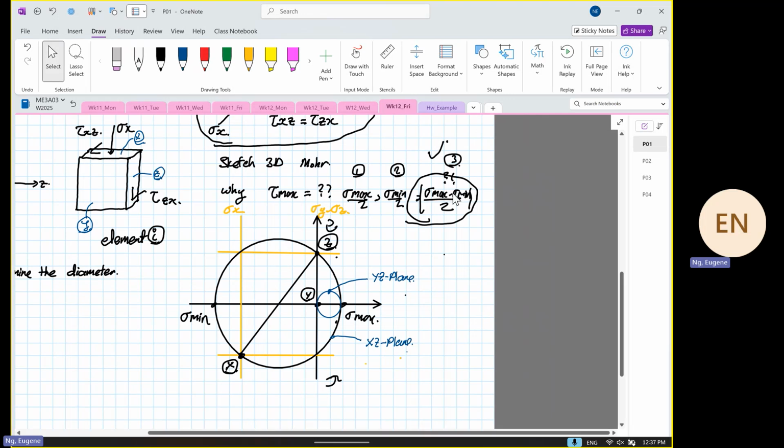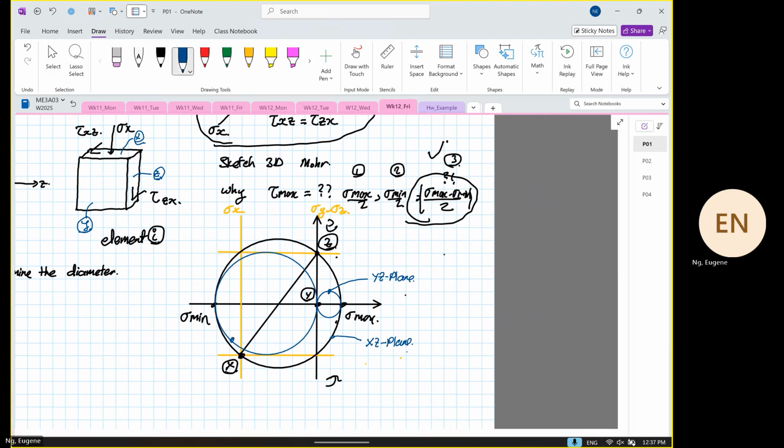And then we have another circle over here. And the last circle is our XY plane.